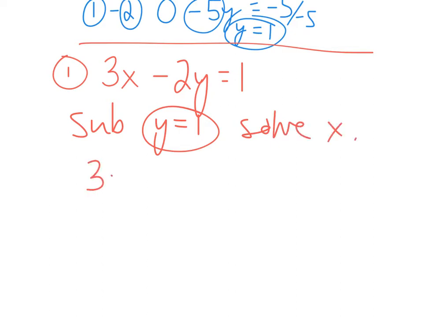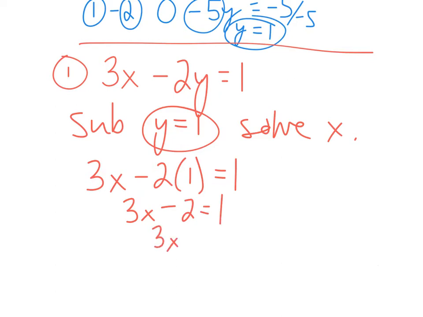So that becomes 3x minus 2 times 1 equals 1, 3x minus 2 equals 1, and then we bring the negative 2 over and it becomes 1 plus 2. So 3x equals 3, then we divide both sides by 3, and we find that x equals 1.